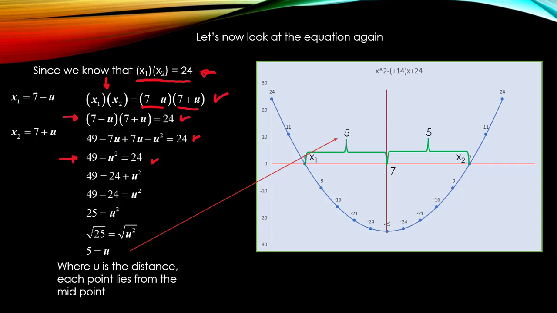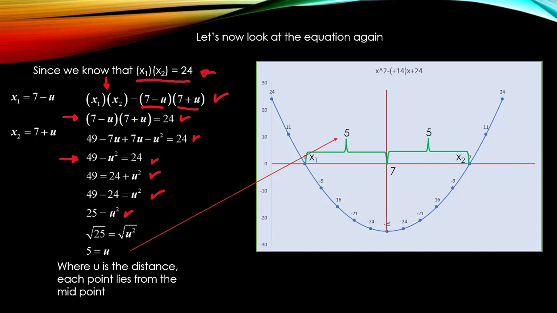In this step right here, we're going to add u squared term to both sides to get this equation. We'll subtract 24 from both sides to isolate that squared letter.